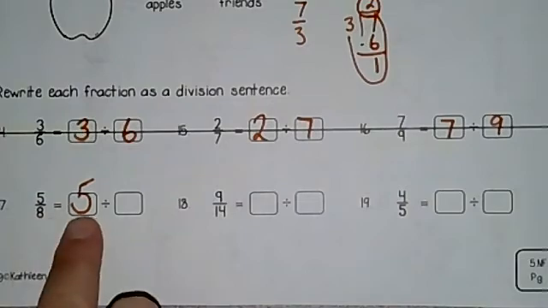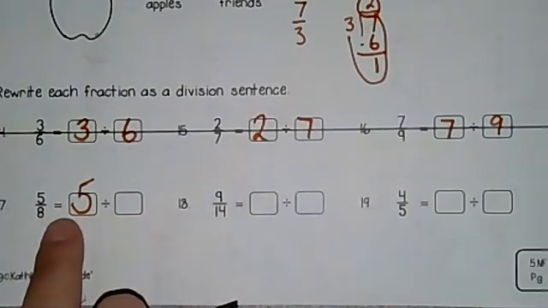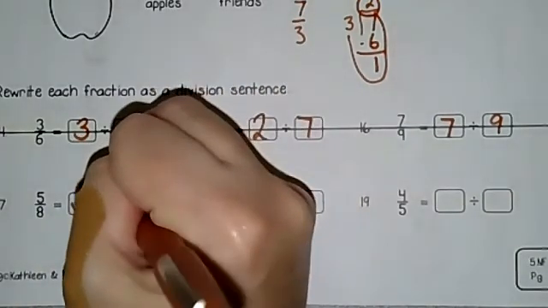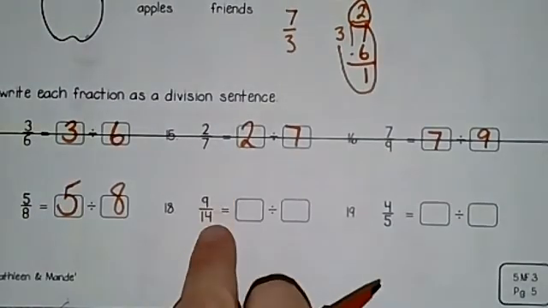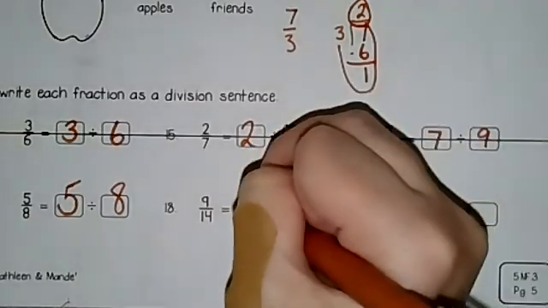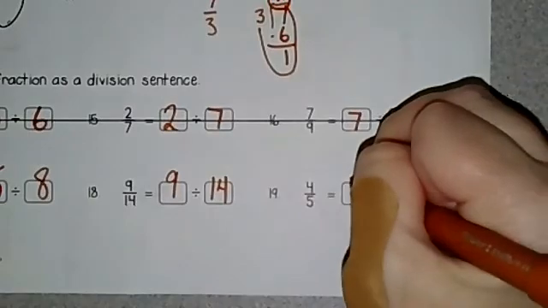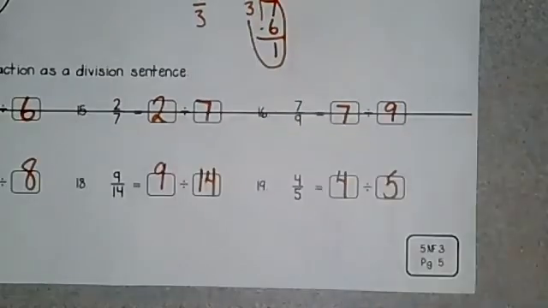Five eighths is what number divided by what number? Tell me, Adam. 8. Very good. 5 divided by 8. Adam, 9/14 is what divided by what? Very good. 4/5 is what divided by what, Isabella? Very good. All right, cool.